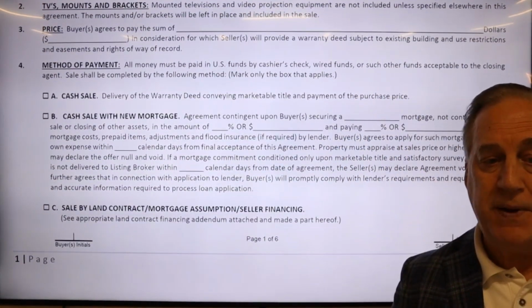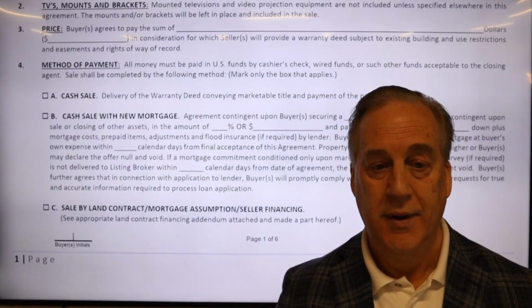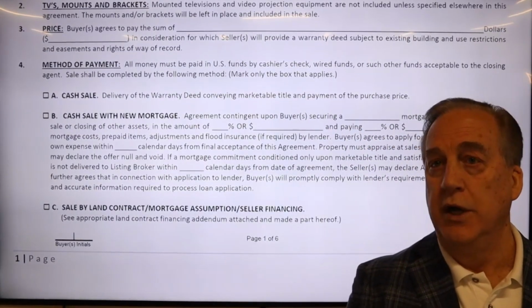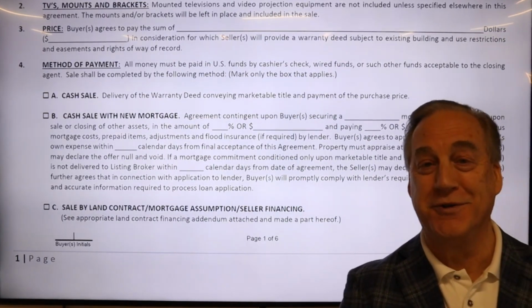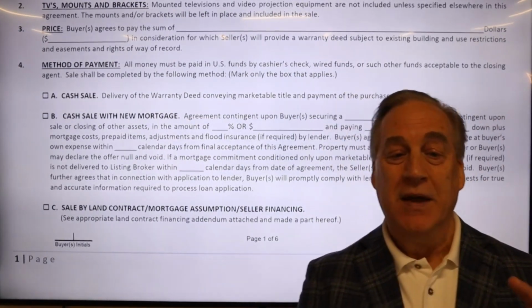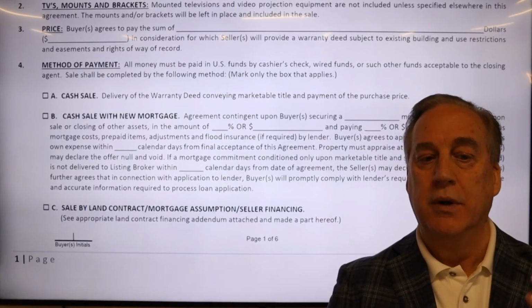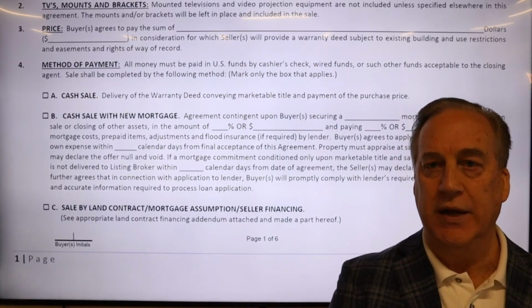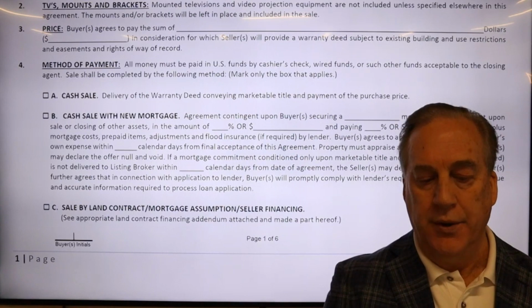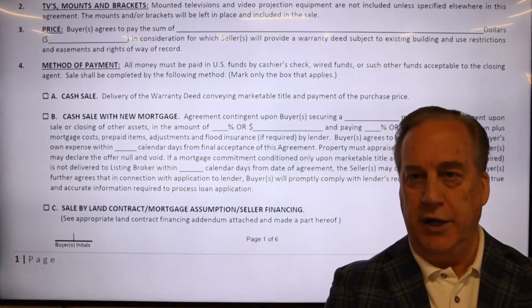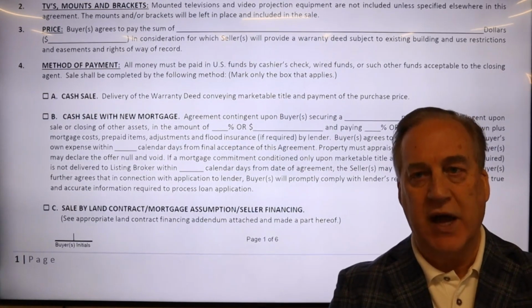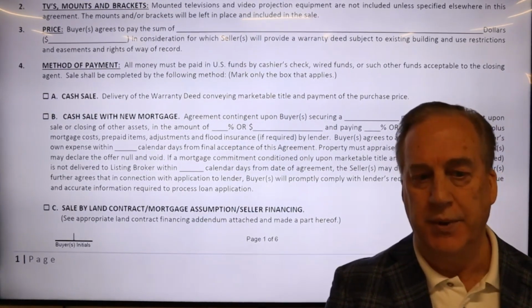Let's take a look at the price. Buyer agrees to pay the sum of, and that's where you spell it out. This is like in the old days when we used to write personal checks, right? Write it out, and then the dollar figure will go in there within the numbers. So spell out $235,000, and then you're going to put 235,000.00.